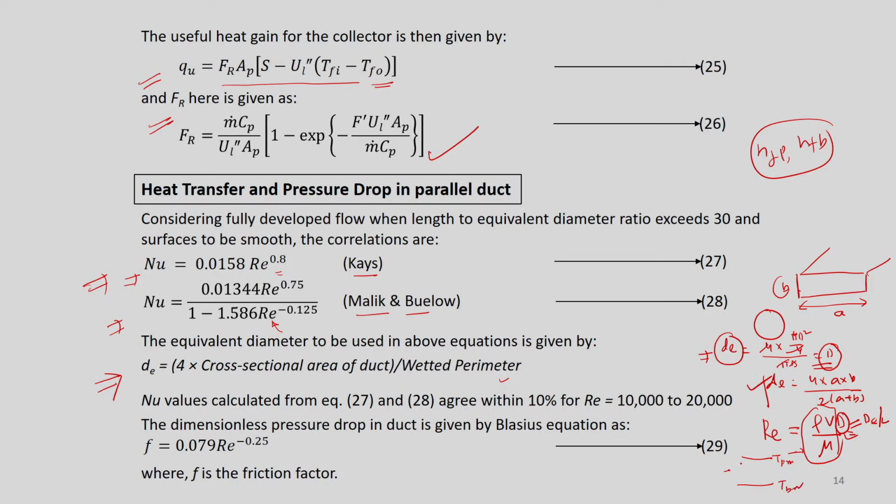We need to take the mean of these two, that is T mean equals T_PM plus T_BM over two. For any two parallel surfaces, if we know the temperatures of the two surfaces, then we can find out the T mean. At this T mean, we need to find out the properties of the air, and the diameter is known. Then we can calculate the Reynolds number.